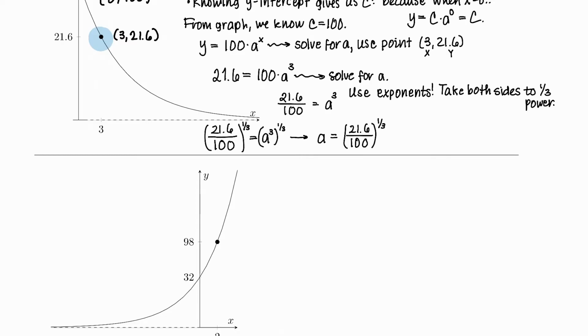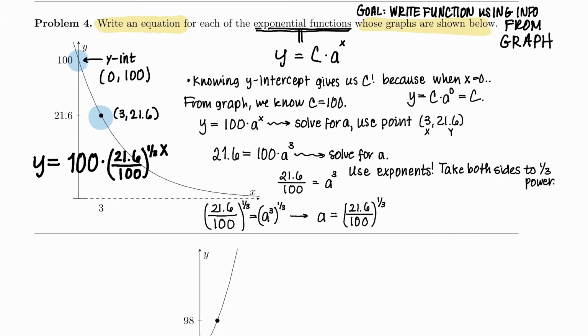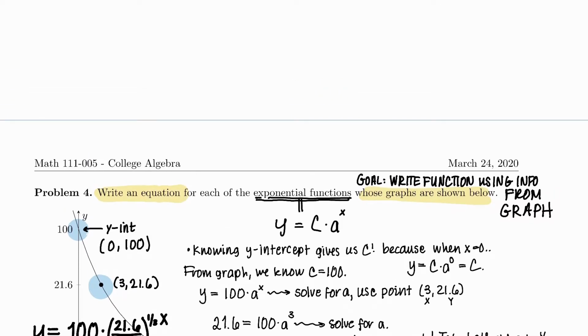So our final equation is y equals 100 times 21.6 over 100 to the 1/3 x. Okay, what is happening with my... Okay, here we go.